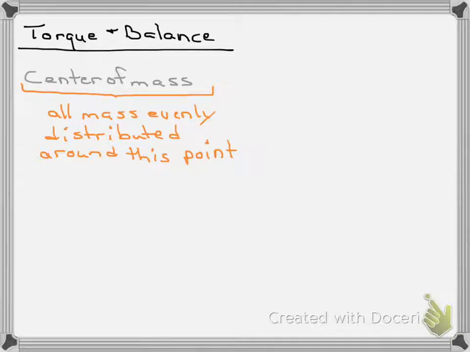Or equally distributed. I shouldn't really say uniformly because it doesn't have to be uniform. Or another way to think about this is a single point for an object where the force of gravity, i.e. the weight, can be thought of as acting on an object.